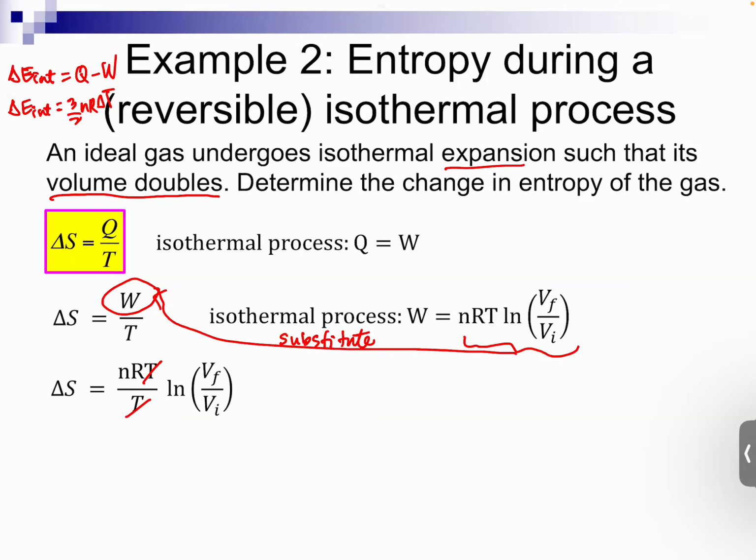We can simplify this further because the problem says that the volume of the gas doubles. That means that the final volume is twice the initial volume. In other words, Vf is equal to 2 times Vi. And so you can cancel Vi in the numerator and denominator inside the Ln bracket, and you end up with change in entropy equals nR times Ln2.